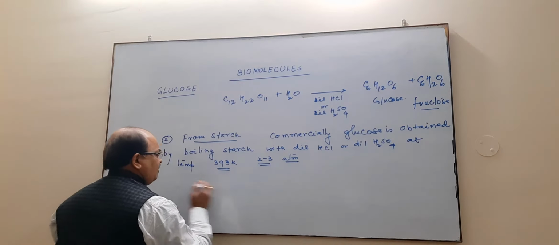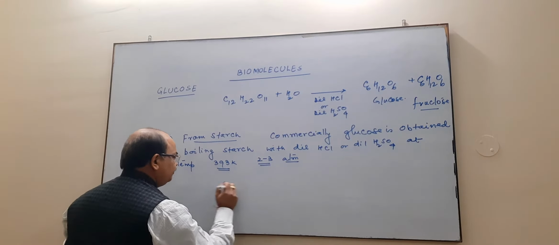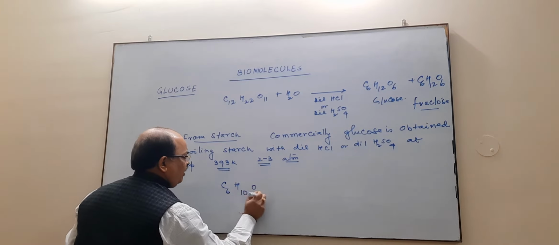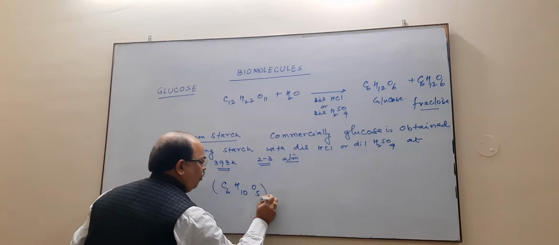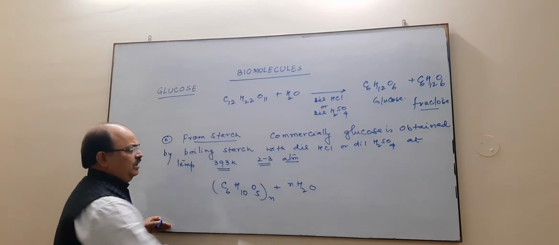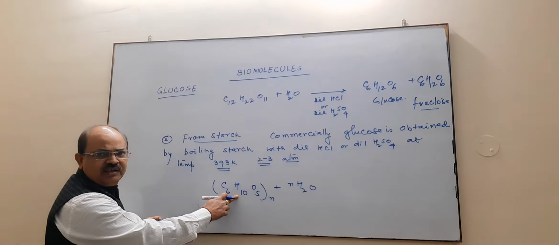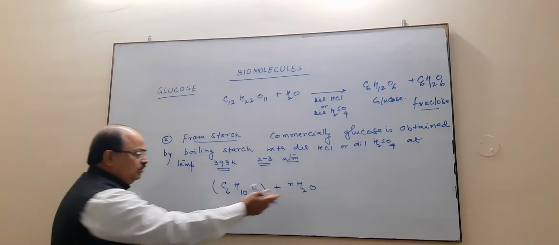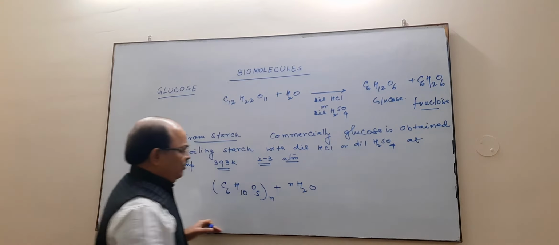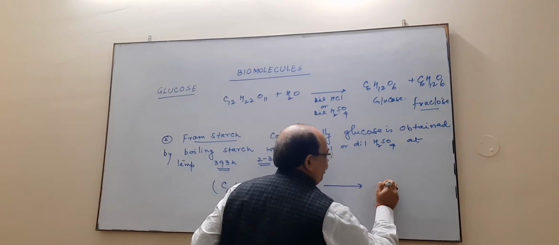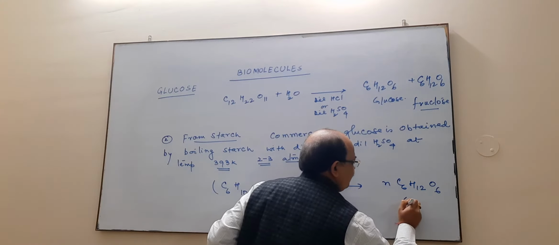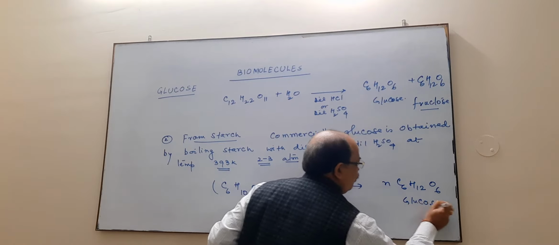So starch, having formula (C6H10O5)n, plus n moles of H2O. देखिए H2 यहाँ ऐड हो जाएगा, it comes to be H12 और O यहाँ ऐड हो गया, it comes to be O6. So then it will give n moles of C6H12O6, that is glucose.